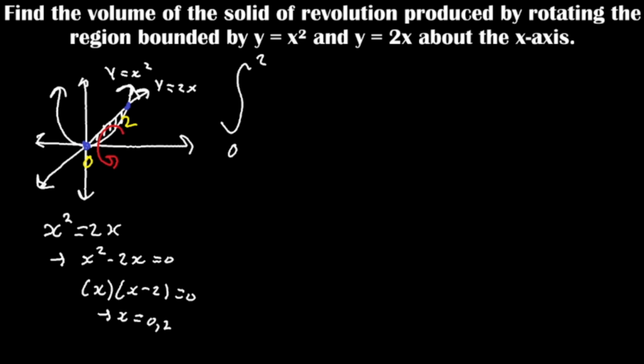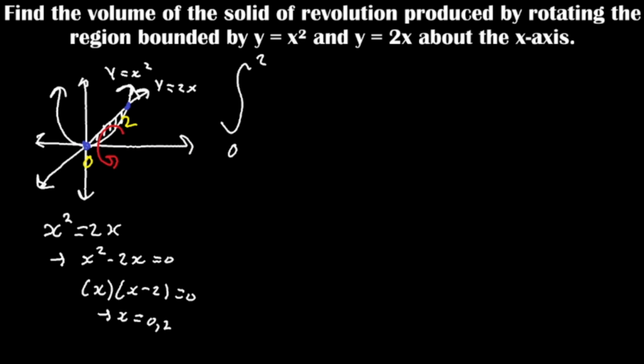Now, what method are we using? We have 3 methods: washer, shell, and disk. So we know it's not going to be a disk because our axis of rotation is the x-axis, and we're clearly not touching it over this whole interval from 0 to 2.